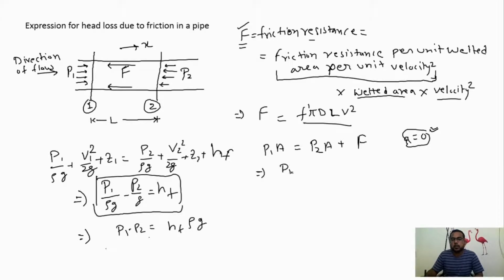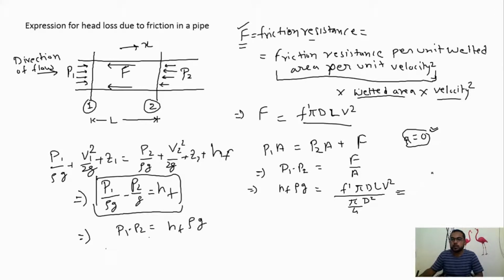So here P1 minus P2 is equal to F divided by A. So put the value of P1 minus P2, that is HF times rho into G, and that F is F dash pi d L V square divided by area, that is pi d square by 4.